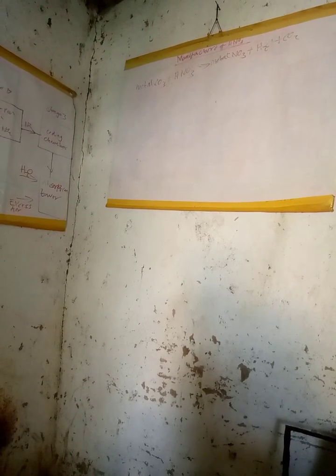So for a dilute acid, the state symbol, this is another thing that you need to take note of. The state symbol of dilute nitric 5 acid and concentrated nitric 5 acid is not the same. It differs. For dilute acid, is it aqueous or liquid?